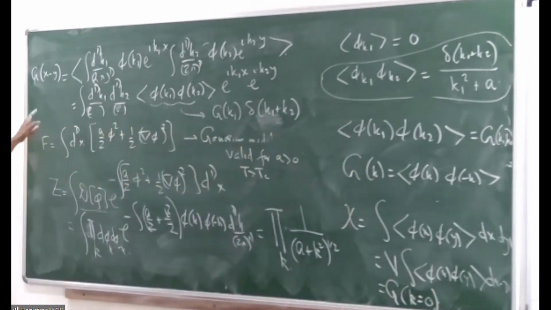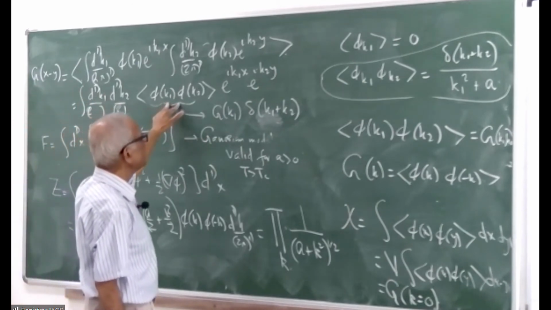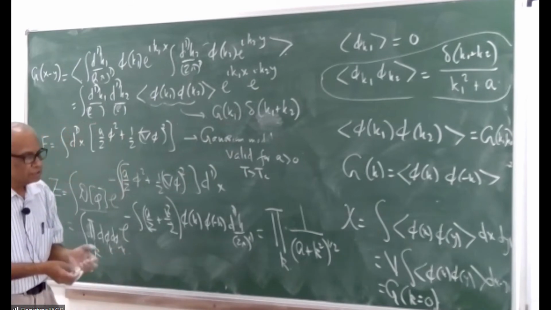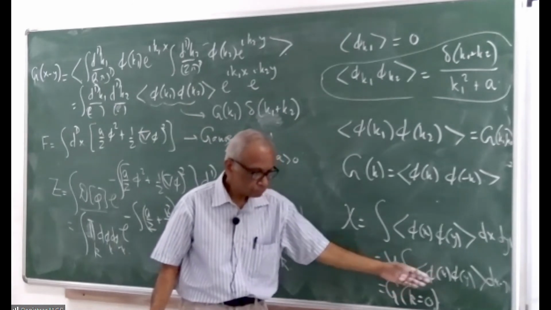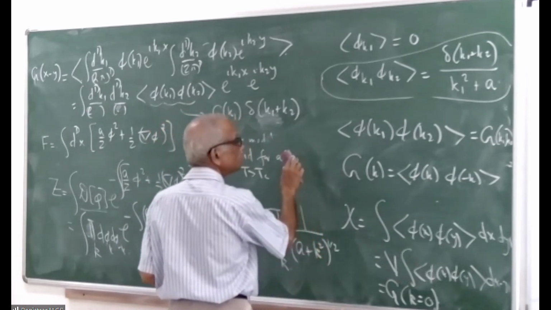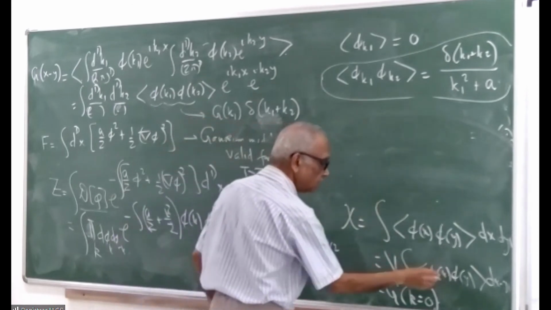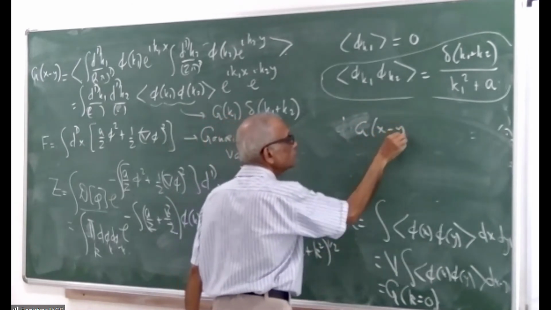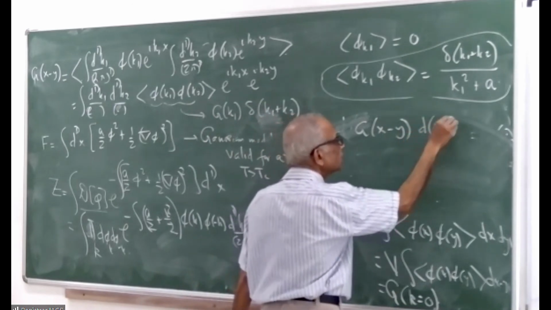So g of x minus y is this quantity g k, and this is where we are. I'm interested in g of x minus y.